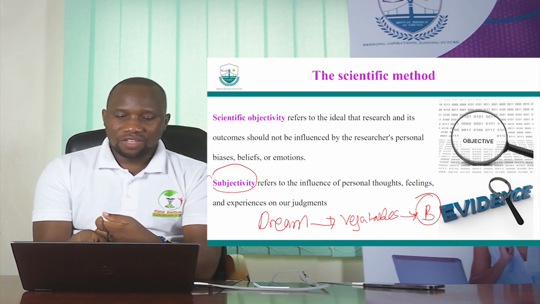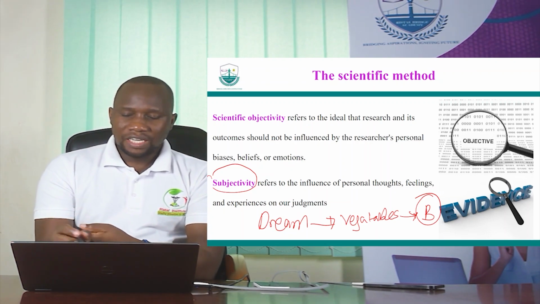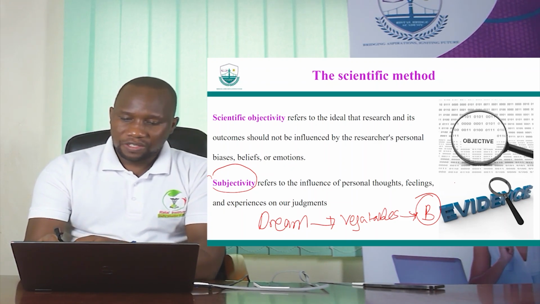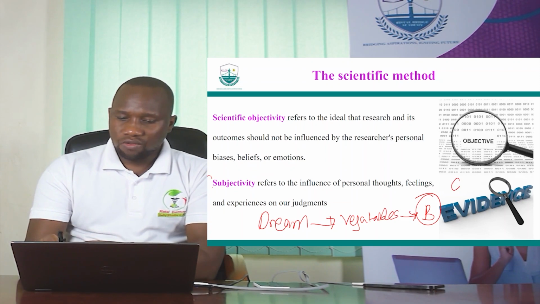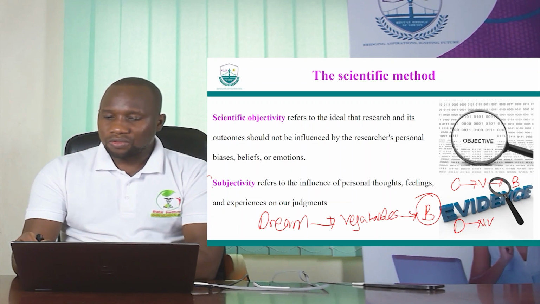So to prove that vegetables prevent this disease, we can say, let us have two groups of people, Group C and Group D. We give these ones vegetables, these ones no vegetables. So we expect that people who eat the vegetables will not get the disease B.